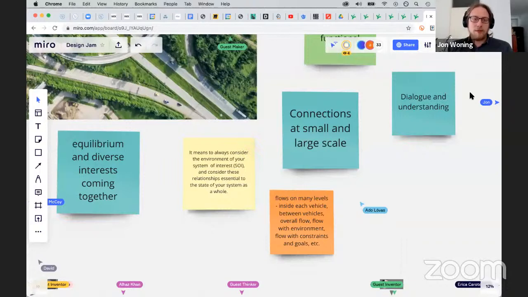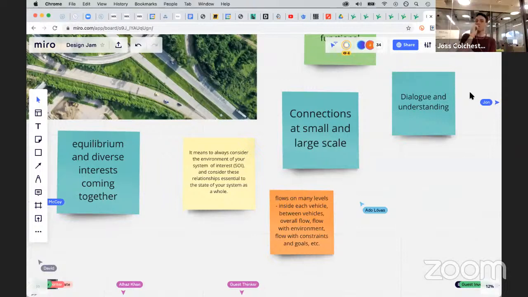Not necessarily all of them, because then you would just make the system bigger, but to consider the most essential ones, the ones that play the biggest role in how your system behaves.